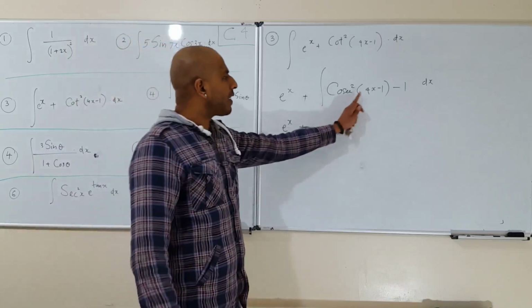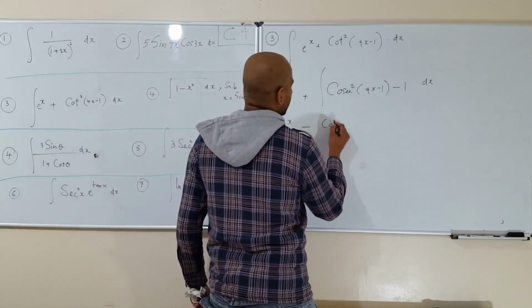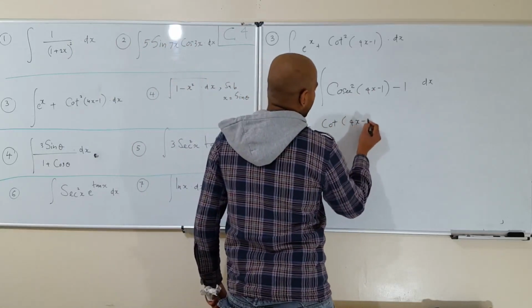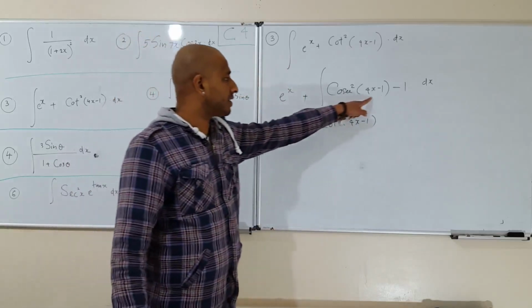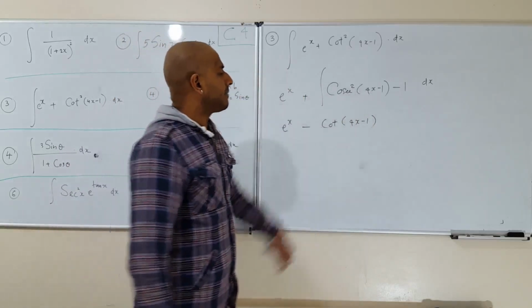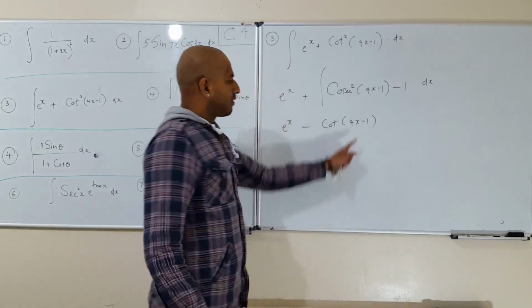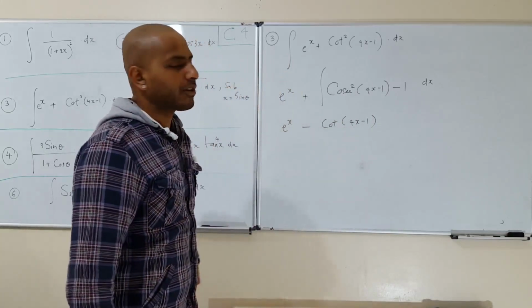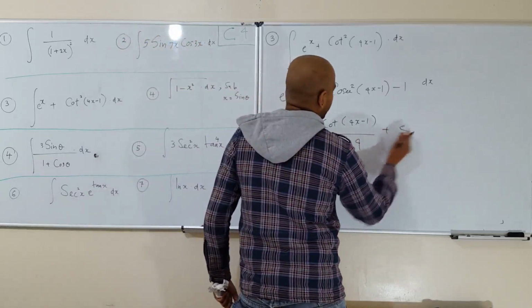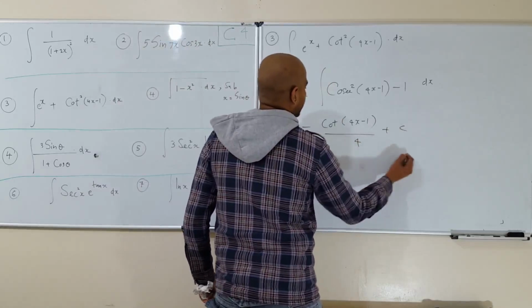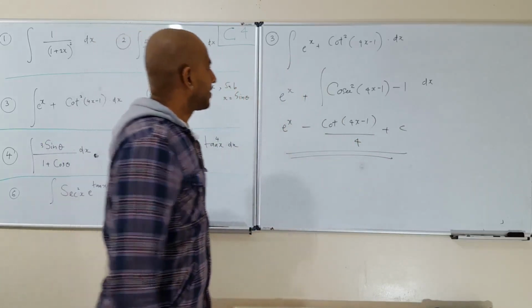Then for cosec squared (4x minus 1) it would be minus cot (4x minus 1), because that's linear again, very similar to the first question, divided by the differential of 4x minus 1. What's the differential of 4x minus 1? 4. So divided by 4 and plus c. That's it. Pretty straightforward question.